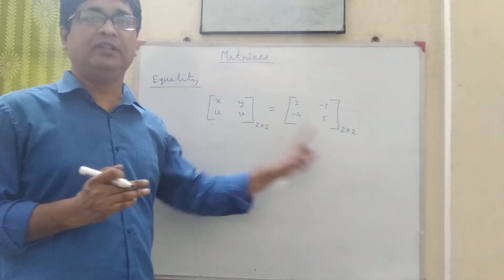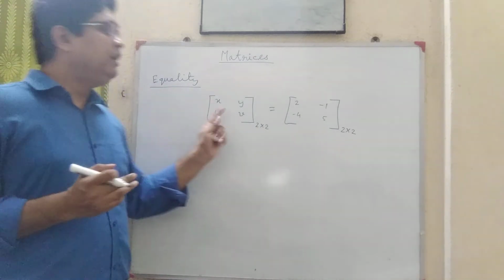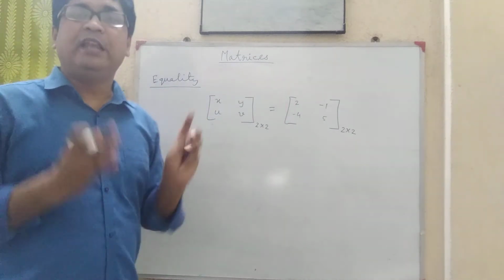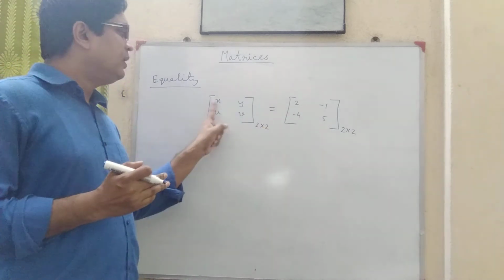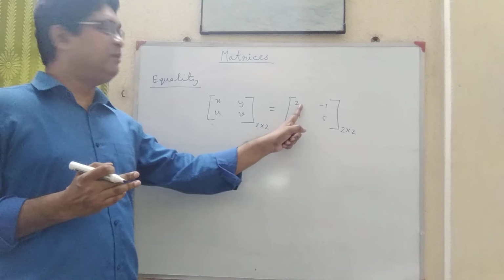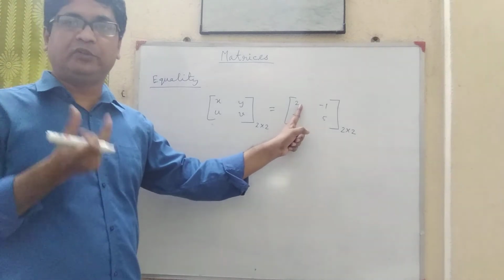Now when will the two comparable matrices be equal? If each of the corresponding elements are equal. Corresponding means, if this position element and this position element are equal, these are called corresponding elements. Corresponding elements means same position elements.